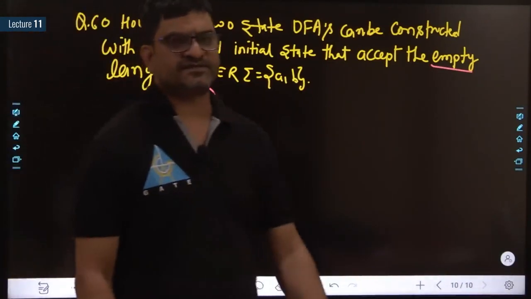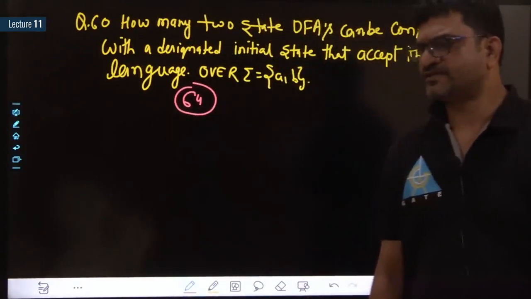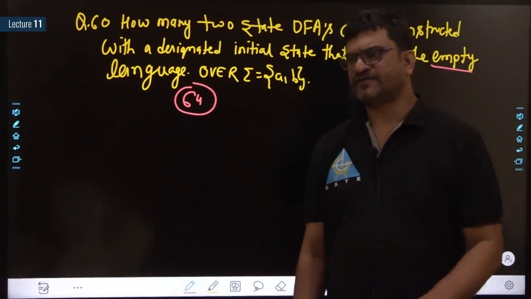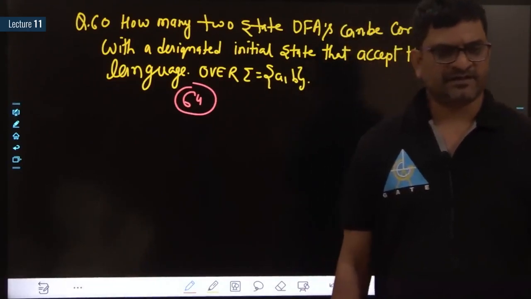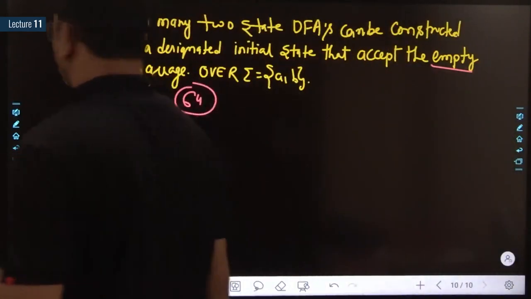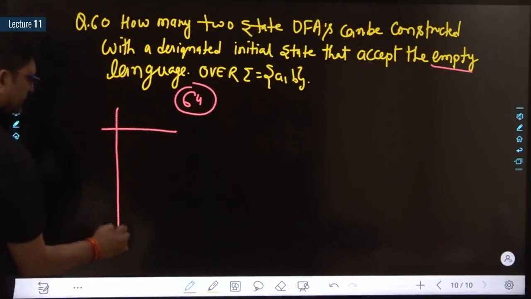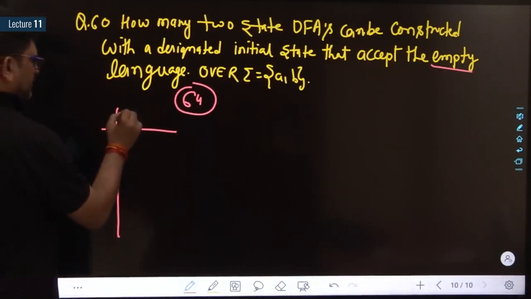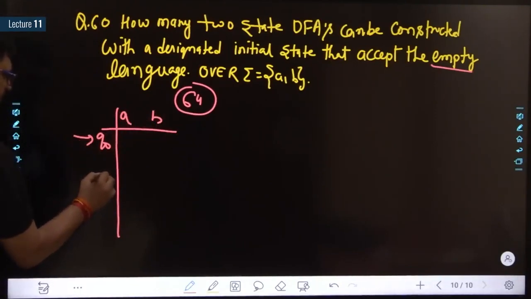Empty language means there is no final state. If we traverse a string, it never ends in a final state. See, A and B. Suppose Q0 is the initial state.